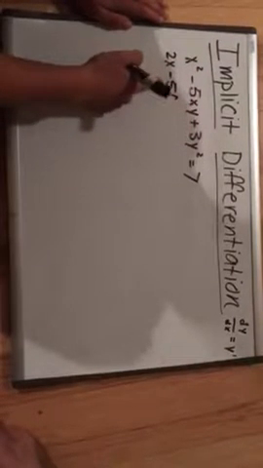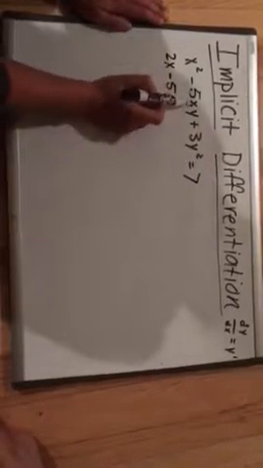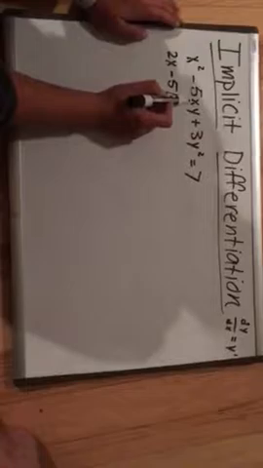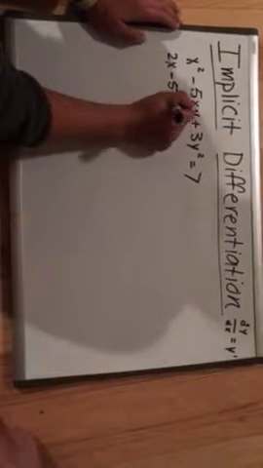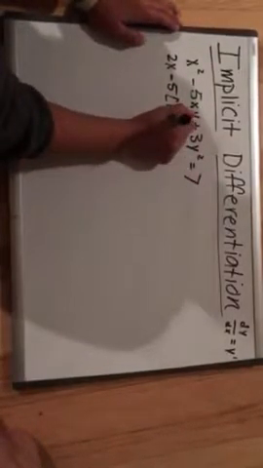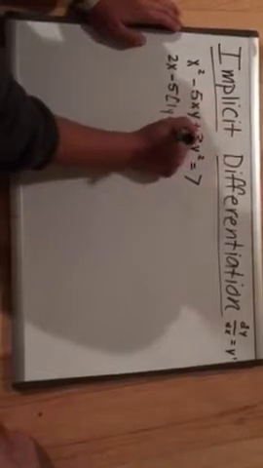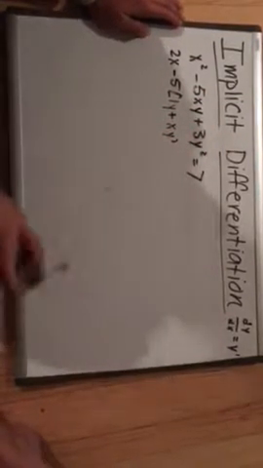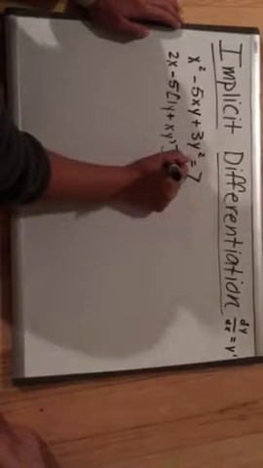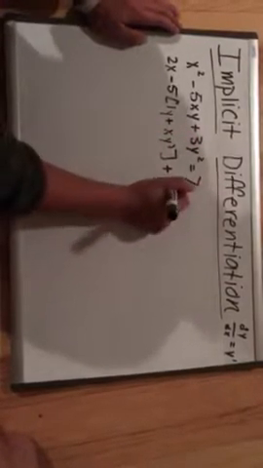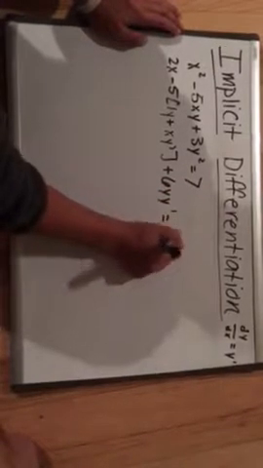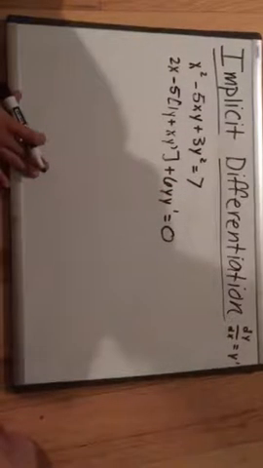You can factor out a 5 because it's a constant. However, now that you have x times y, you have to use product rule. So the derivative of the first, the derivative of x, is 1 times y plus the first, which is x, times the derivative of y, which is y prime, or dy over dx. It is the same thing. Plus the derivative of this term, which is 6y prime, equals 0. The derivative of a constant is always 0.